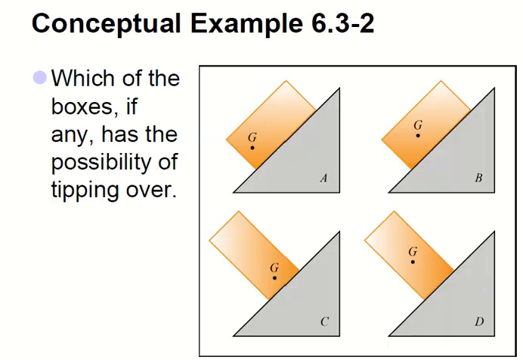The next one is 6.3-2. Let me see if we cover it. Yeah, we cover this one. It's just giving you some boxes, and then it asks which one is going to tip over. All you have to do is draw a straight line like that.